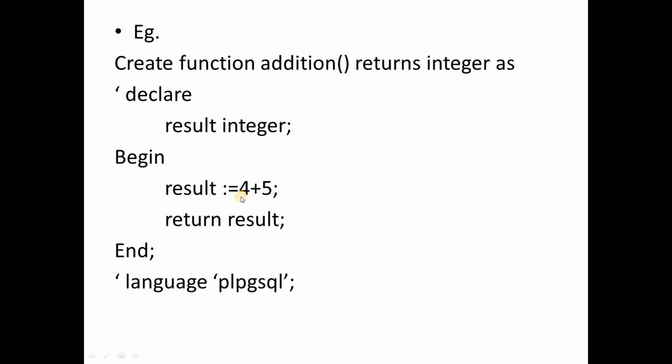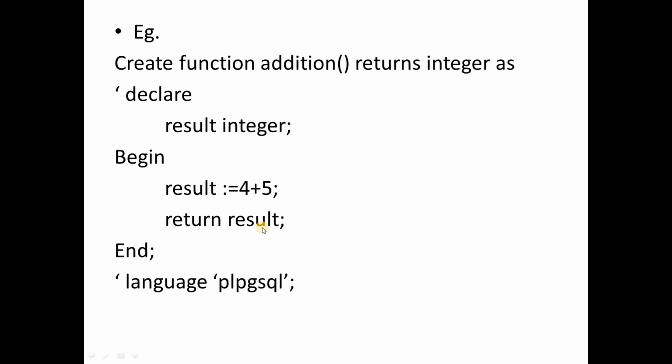Every function returns some value, and that's why we use a return statement, same as in C. In C language you also use a return statement, and in plpgSQL we also use a return statement to return some particular value from that function. In this function we return result, because our result variable stores the addition of two numbers.